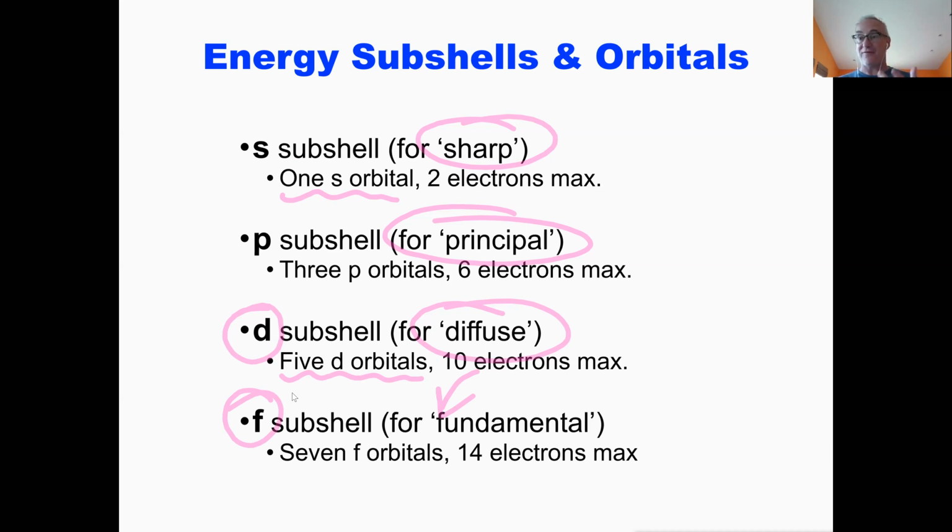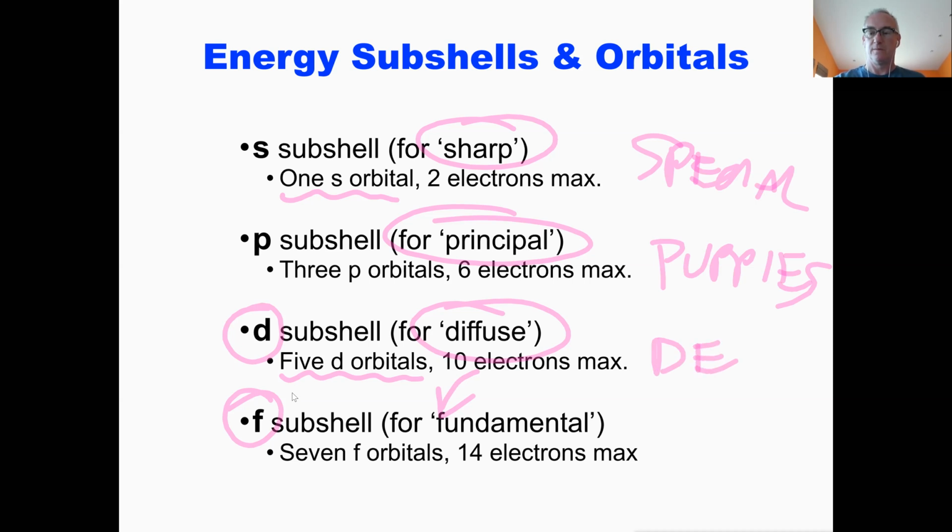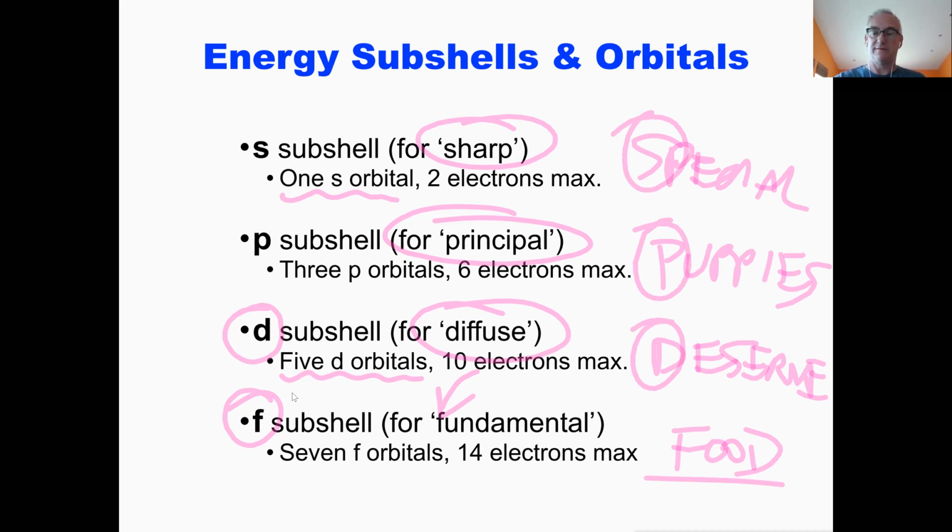But I find I can't remember sharp, principal, diffuse, and fundamental. So what I like to say is that special puppies deserve food. I have 2 puppies. They're both very special, and they deserve food. So that's how I remember it. Special puppies deserve food.